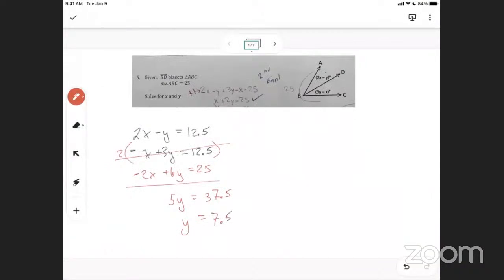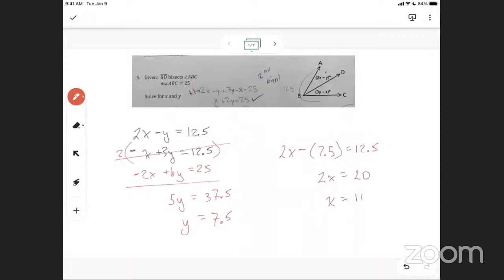Now, if I have that for y, how can I solve for x? What's the easiest way to solve for x now? Plug it into the second equation. Or the first. Probably the first would be a little bit easier, right? You can plug it into either one, whichever one looks easier. So 2x equals, if I add that, 20.